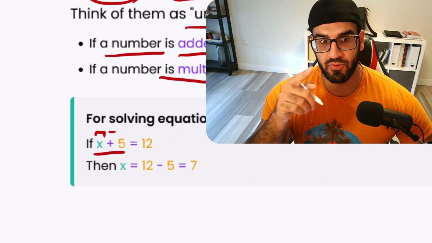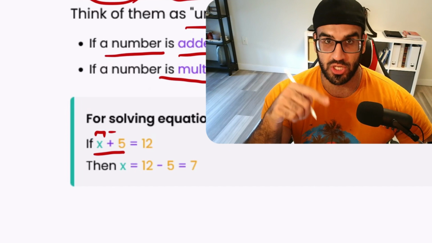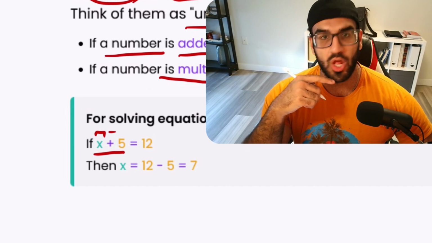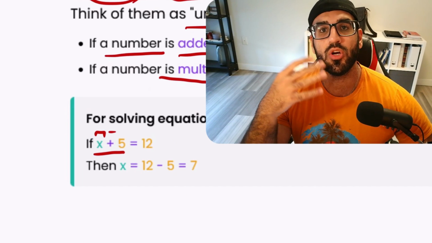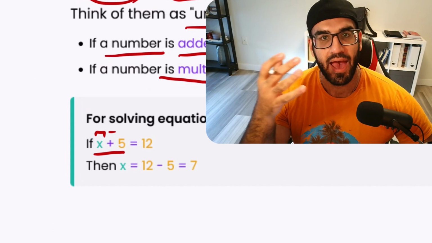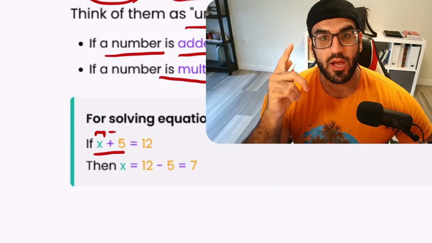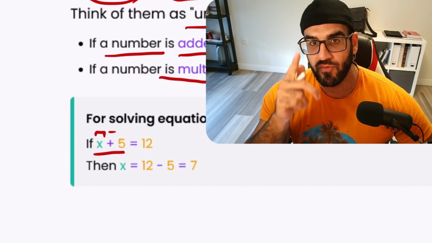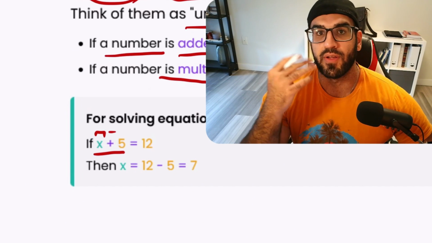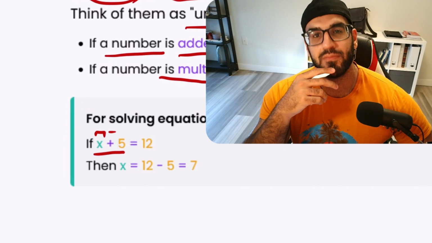It means that when you see addition on one side, you have to do subtraction. If you see subtraction on one side, you have to do addition. Why are we doing that? Because we are trying to get rid of whatever is extra. At this point, 5 is extra, so I have to get rid of it. But I also have to be careful, because when we were talking about the way to solve the equation, we were also talking about balance.